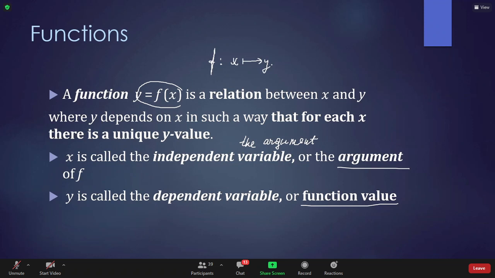Mapping, function as a mapping. For each x value, we get a corresponding y value. That's what we call a mapping. The relation between x and y, the dependence of y on x, or we could also say mapping of a function.